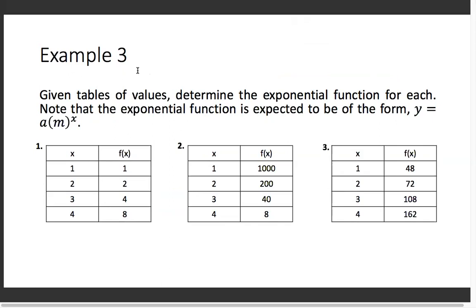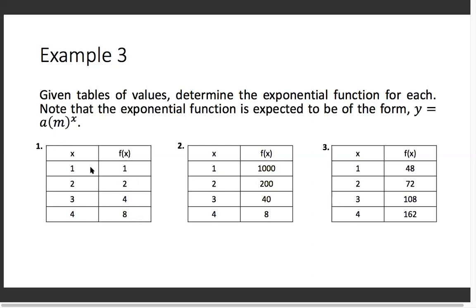All right. So now we go to example 3. Example 3 is, I think, quite fun because now we're going to figure out what the equations are. But first, let's try to identify whether they are growth or decay.